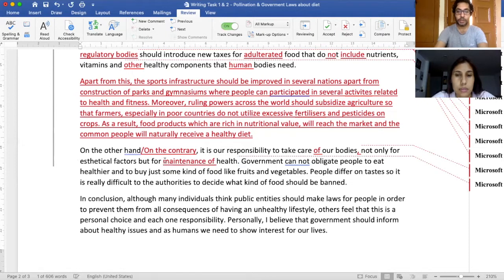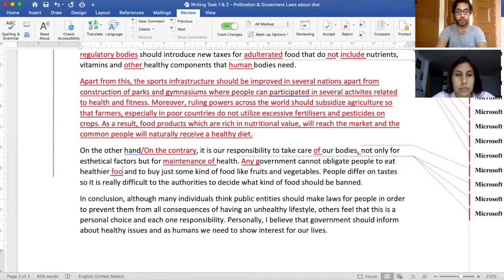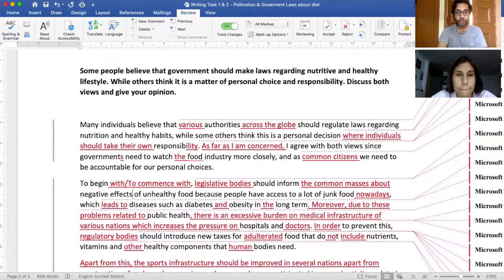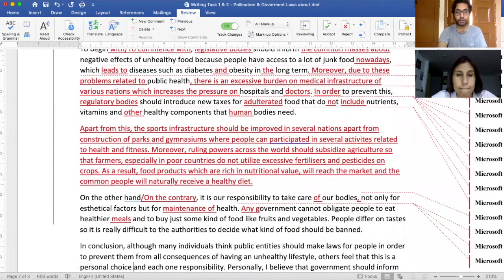Any government, see, singular should have a determiner. Cannot obligate people. Any government need healthier food, healthier meals. Just now you said junk food should be banned. Now you are saying that governments cannot decide what. What do we mean by that?